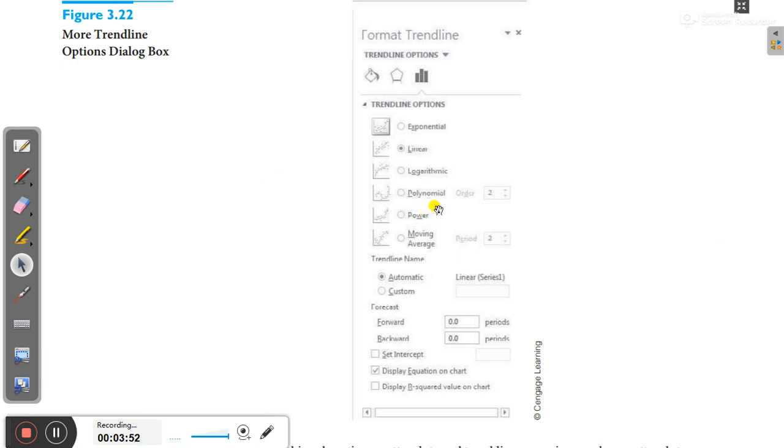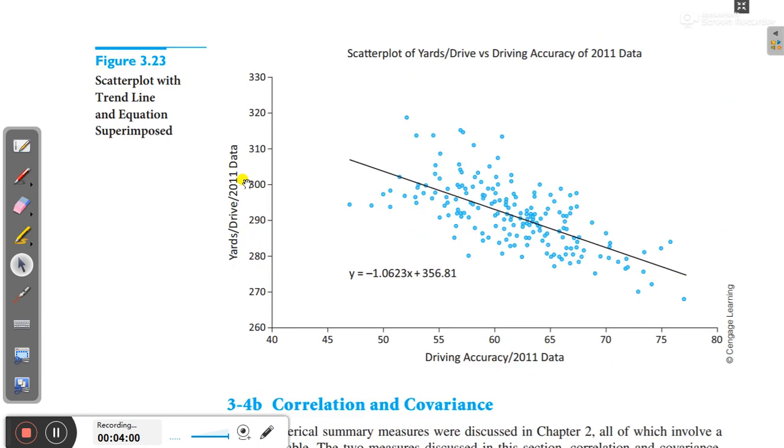The trend line is up to your choice, but for understanding correlation and covariance, we are going through the linear line. This trend line shows the trend of the x and y variable data, and it has an equation. Here you can see the equation of that line is y equals minus 1.0623x plus 356.81.